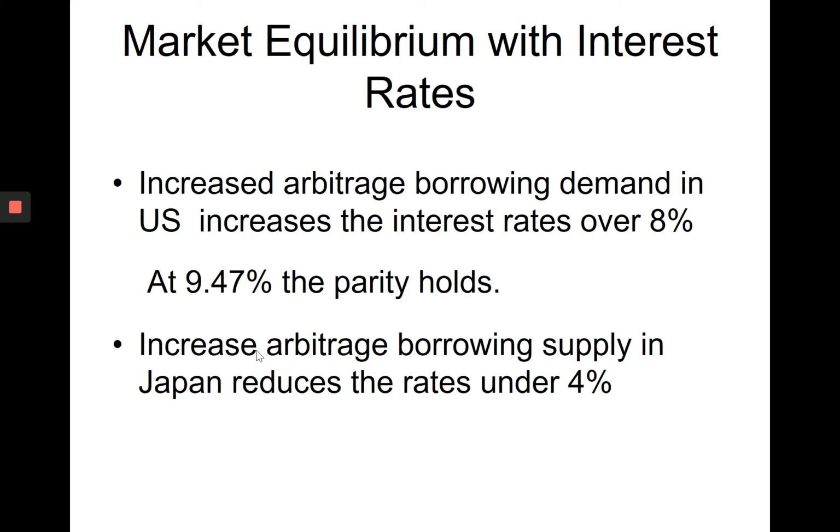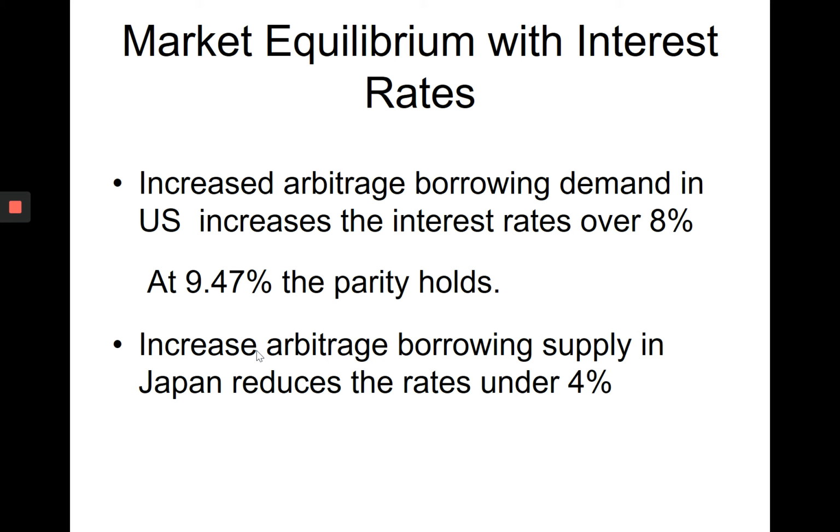Increased arbitrage borrowing supply in Japan reduces the rates under 4%. Our arbitrage called for borrowing in US and going and lending this money, making it available for people who want credit, who want capital in Japan.